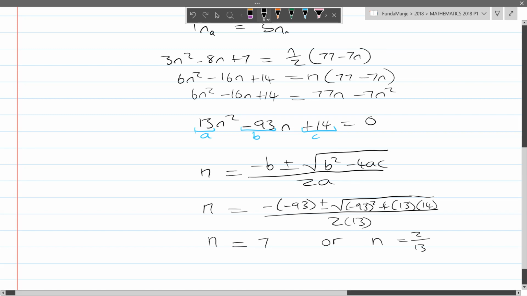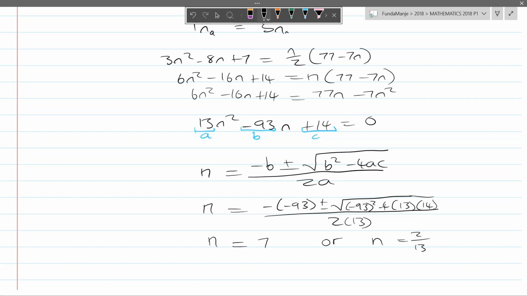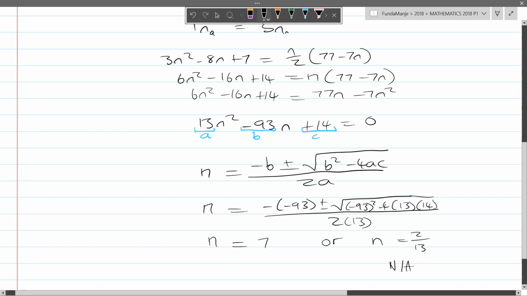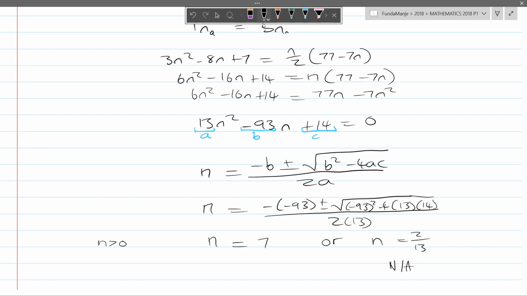But we can't have n being a decimal value or this kind of fraction that can't simplify to an integer value. So what we do is we say this one's non-applicable. The only type of answers we want is answers where n is greater than 0.